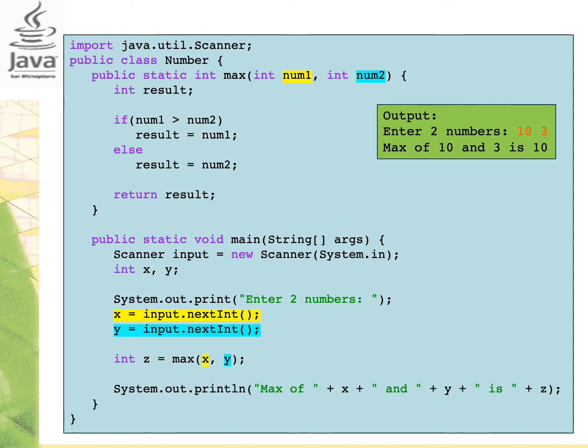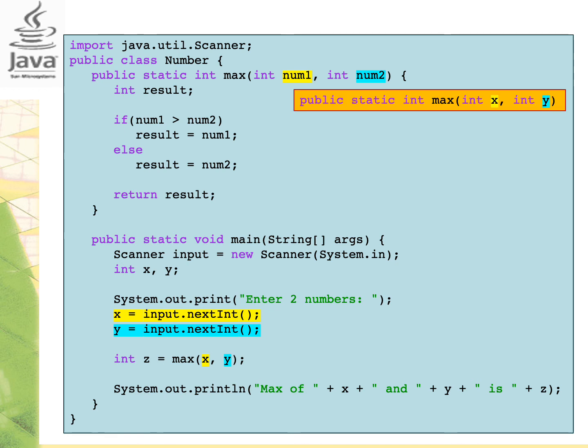When it calls the max method, in the method x is called num1 and y is called num2. They use different variable names, but they refer to the same values. You can always write your method header as public static int max(int x, int y). That works fine as well. It doesn't matter what you name your variables.